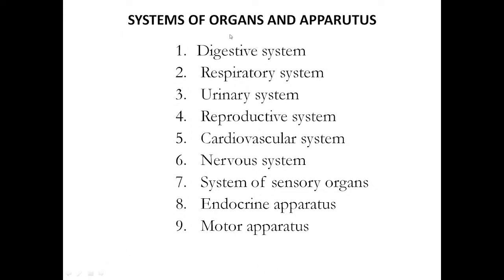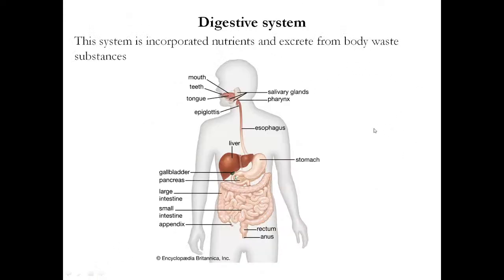These are the nine human systems. For example, the digestive system. This system is incorporated to take in nutrients and excrete waste substances from the body.